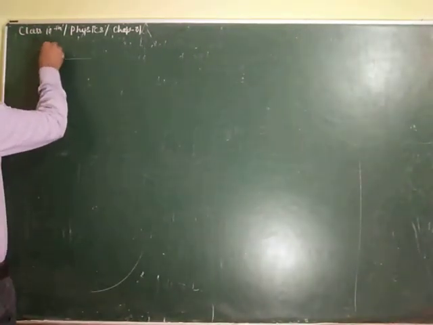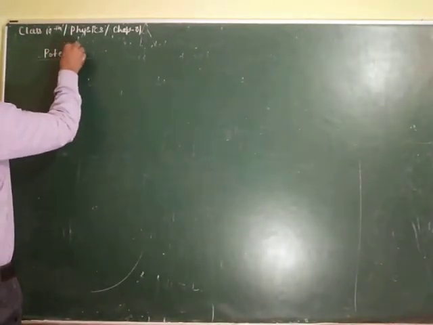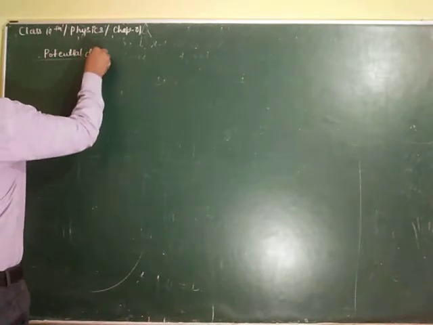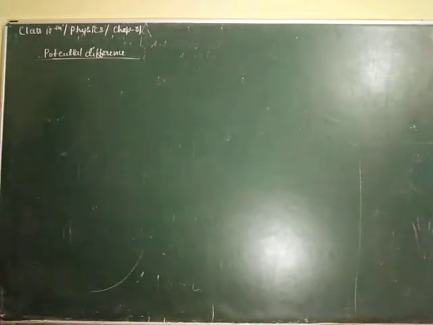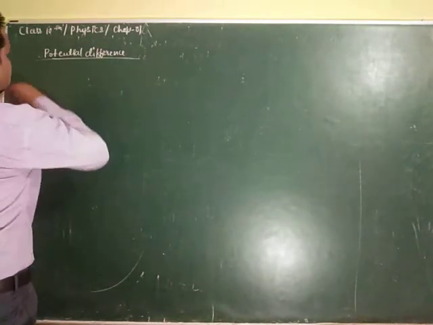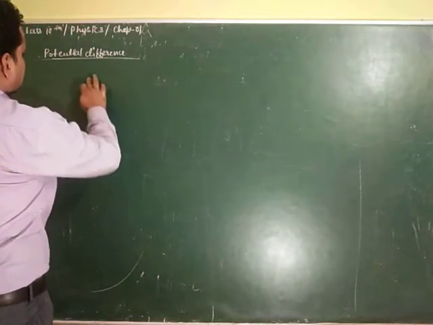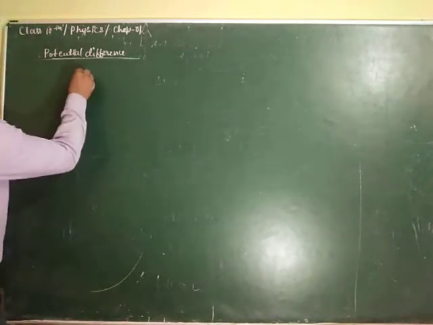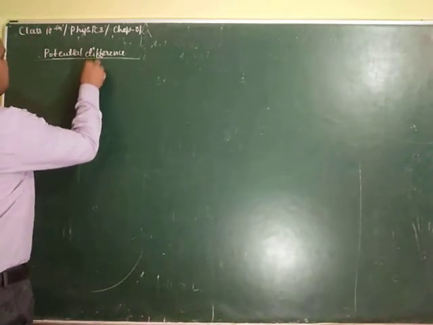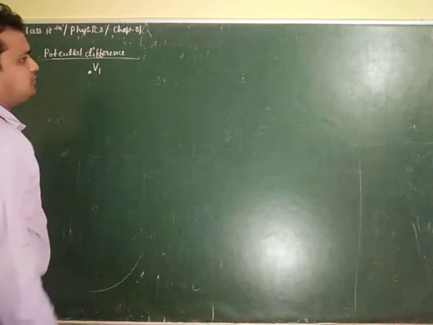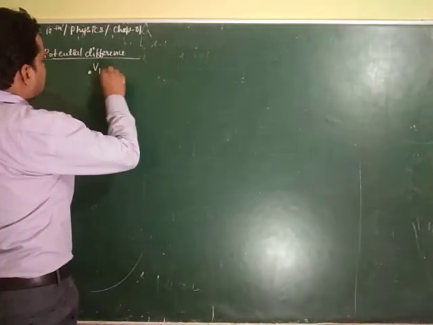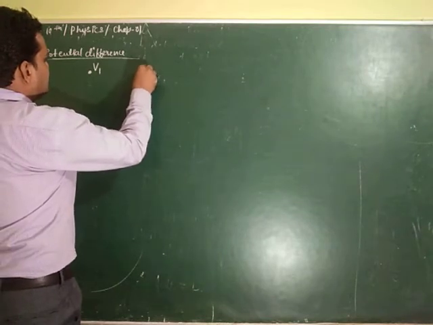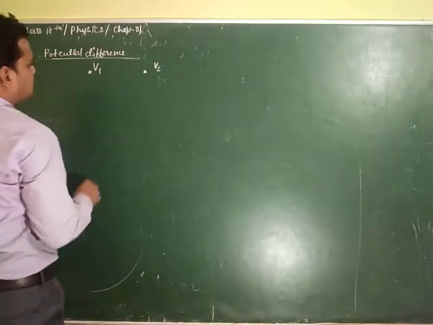Now, potential difference. Suppose there is a point having a potential V1, and we are using V to denote the voltage, and another point having the voltage V2.